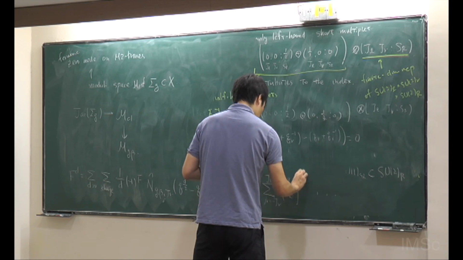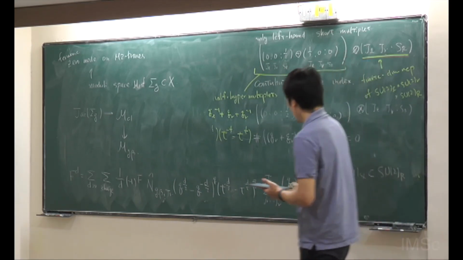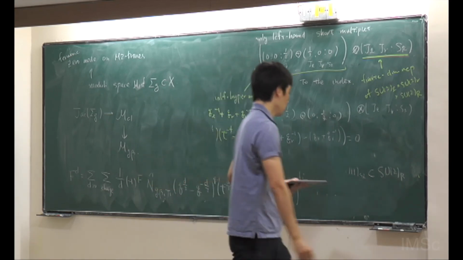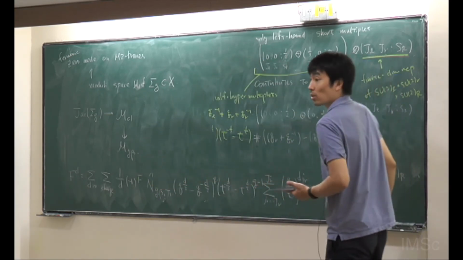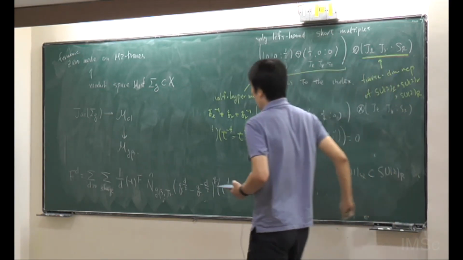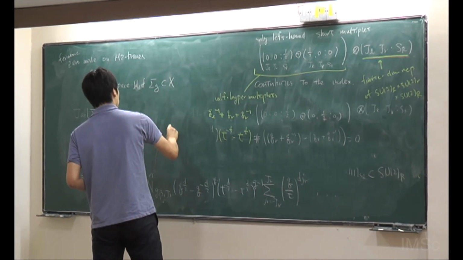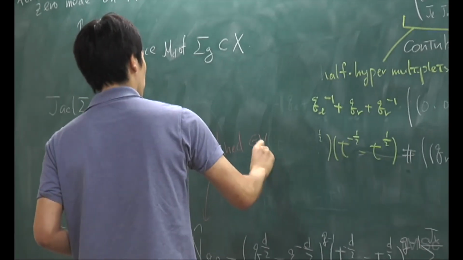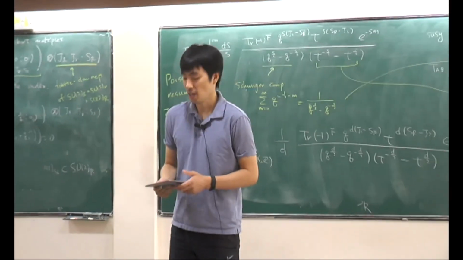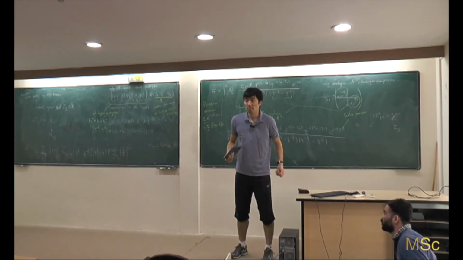Sorry, minus 1. So I just want to mention, yeah. And this is called the refined Gopakumar-Vafa invariant. This is called the refined Gopakumar-Vafa invariant. Okay. So yeah, anyway, I have to stop here. Unfortunately, I don't have time to talk about the remaining part. Maybe some other time.